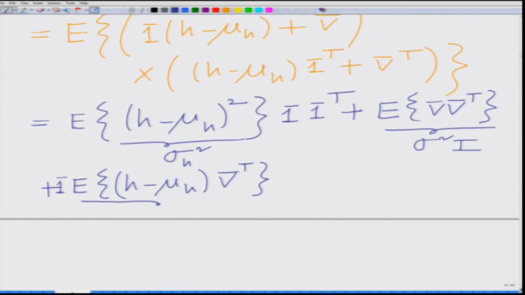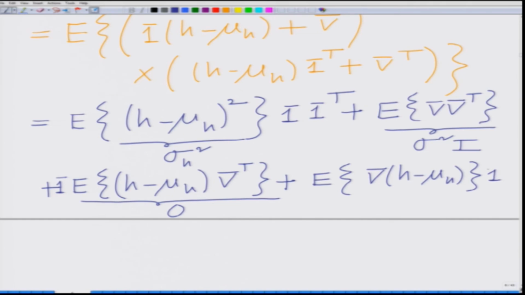Of course, we know that the noise and the parameter are uncorrelated, so this is equal to 0. Plus the expected value of v bar into h minus mu h into 1 bar transpose. Again, the noise and the parameter are uncorrelated, so this expectation is again 0.